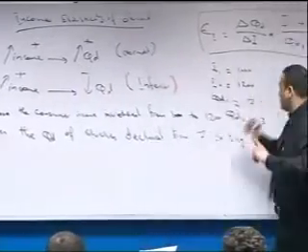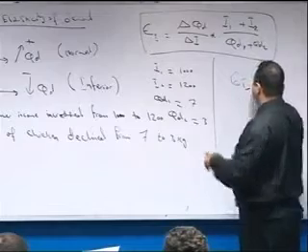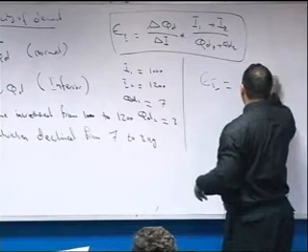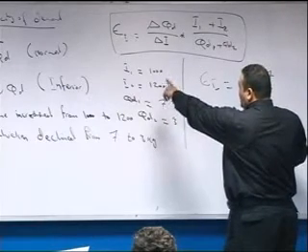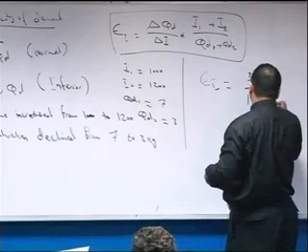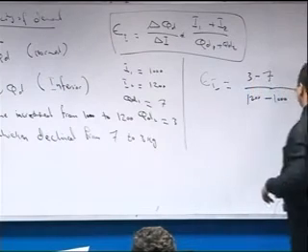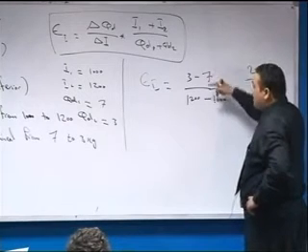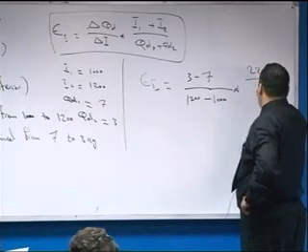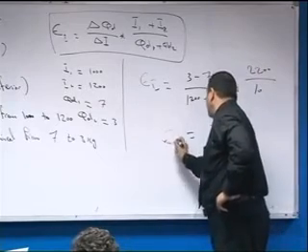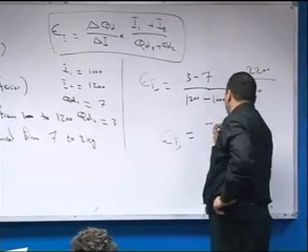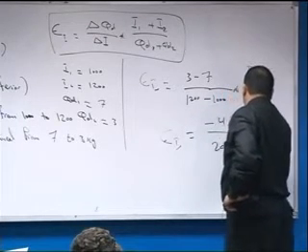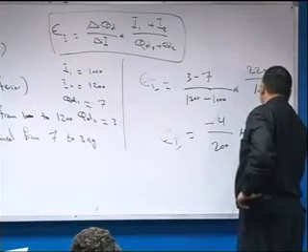Direct substitution: E_I equals (3 minus 7) over (1,200 minus 1,000) times (2,200) over (10). That is minus 4 over 200 times 2,200 over 10.